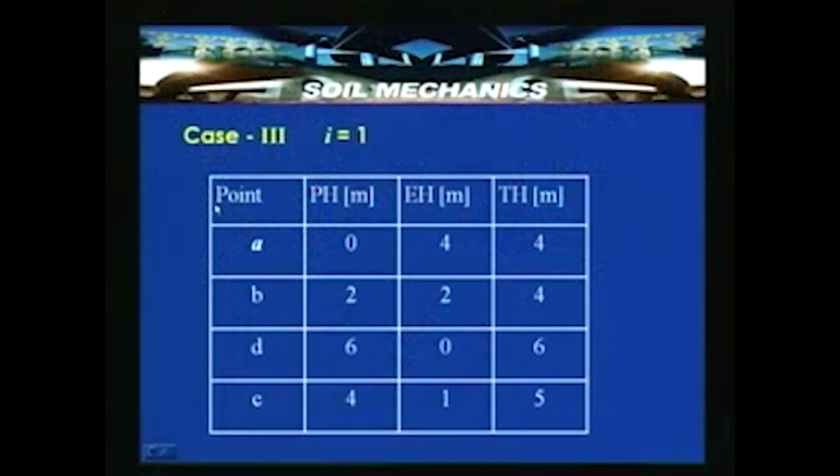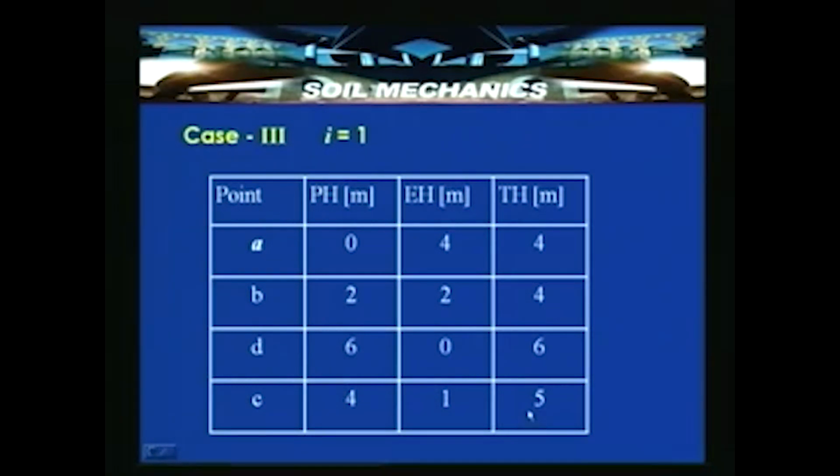If you look at the same deliberation again at different locations A, B, D and C, the pressure heads will be the same at A and B, but the only difference is at D, where it is now 2 meters above the upstream level, above the point A. That means that the total head available here is 6 meters. So, elevation head is 0, and the pressure head is around 6 meters.